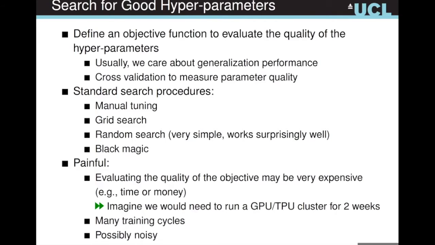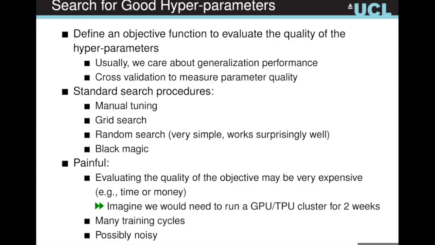A lot of things are also problematic with this. Evaluating the quality of the objective may be very expensive. That could mean we have to invest a lot of time or money. For example, imagine we would need to run a GPU or TPU cluster for 2 weeks to evaluate what the quality of one of these hyperparameters is. Then we have to pay both money and time to get this evaluation.